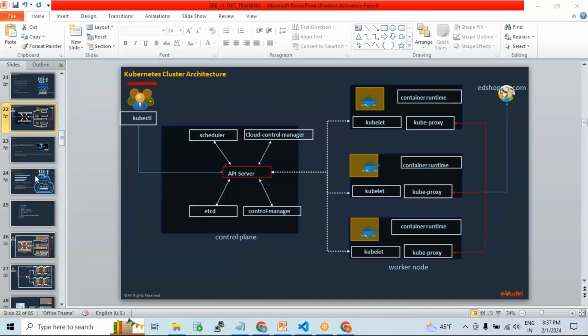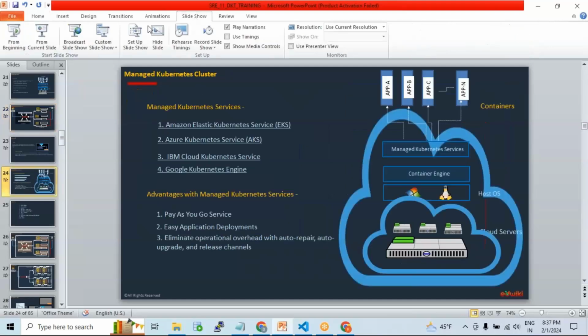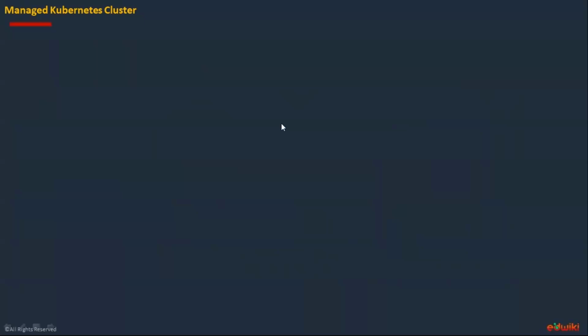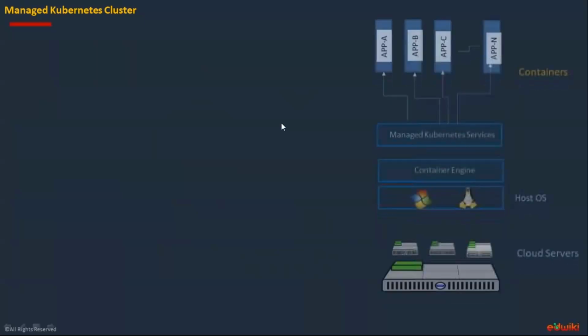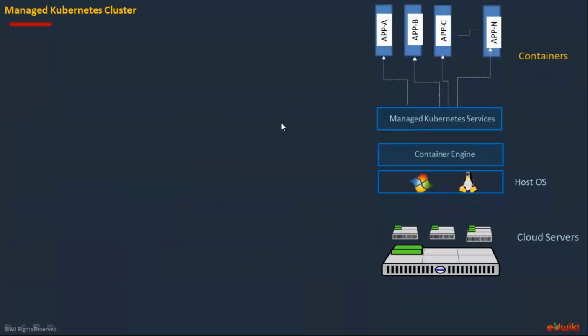Hence the reason cloud providers like AWS are offering managed Kubernetes clusters. What does it mean by a managed Kubernetes cluster, right? When I say managed Kubernetes cluster, the whole Kubernetes cluster infrastructure related components. What are the Kubernetes infrastructure components, guys?